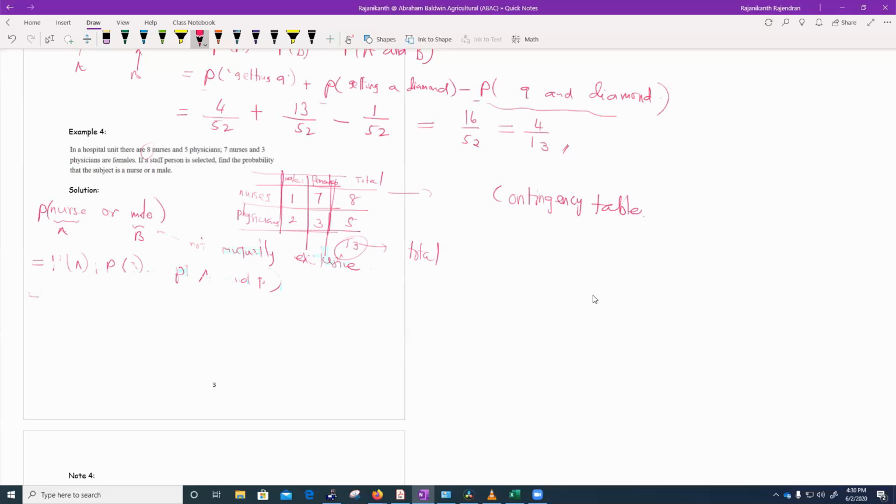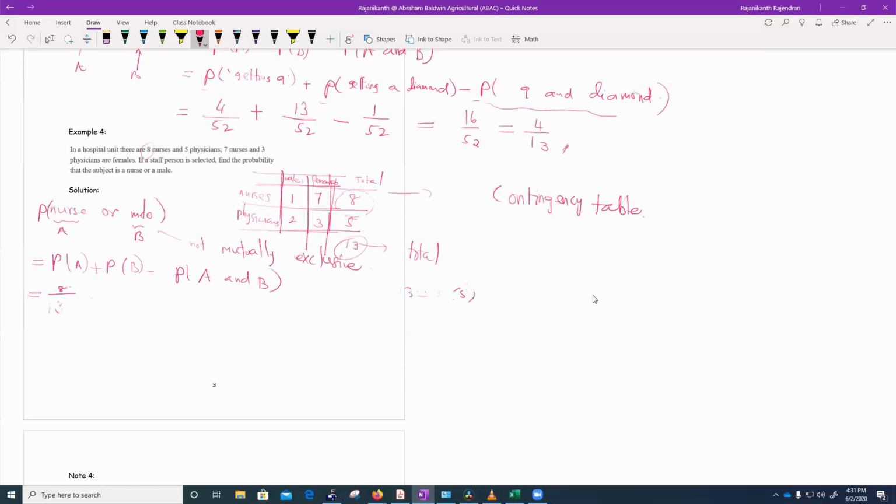Let us find them one by one. P of A, choosing a person who should be a nurse, right? If you look at the nurse row, there are 8 of them in total. So you could choose any one of these 8 out of 13, because you are choosing one person from the hospital. So you have to put the total. So this 13 is nothing but N of S, right?